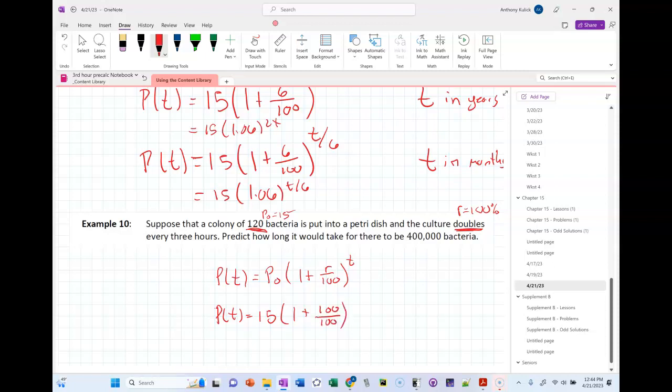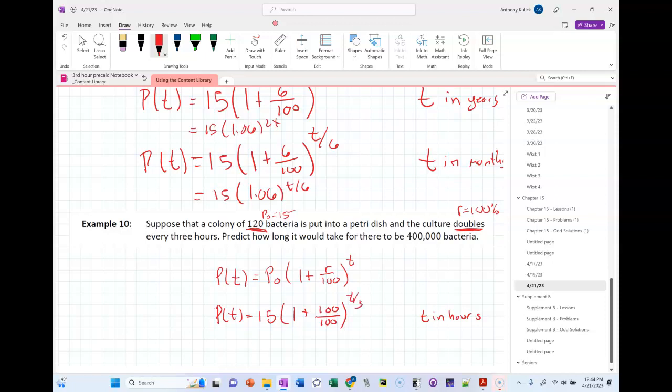Okay. And then we need to decide what time unit we want T to be in. T is in hours? Yeah. Okay, so what should the exponent be then? It's not going to be 3T, because 3 hours doesn't occur 3 times in 1 hour. That's actually 1/3. There you go.